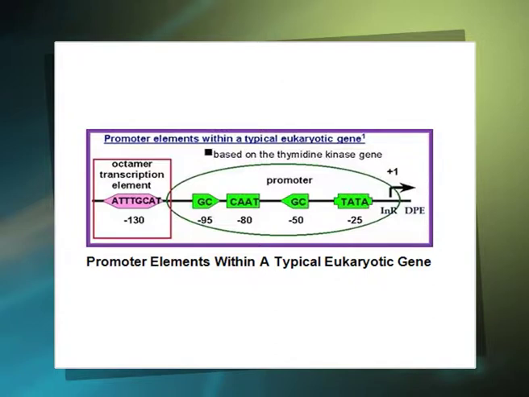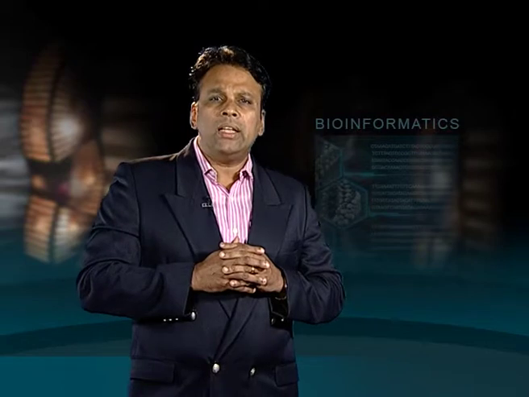The CAAT, GC and the octamer sequences influence the efficiency of a promoter in transcription initiation. All active promoters contain at least one of these elements, but all the three elements are not present in every promoter.